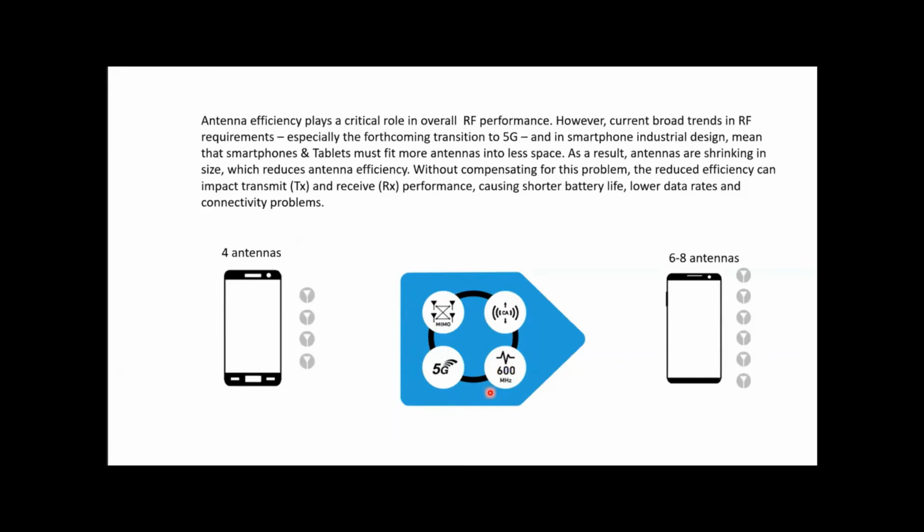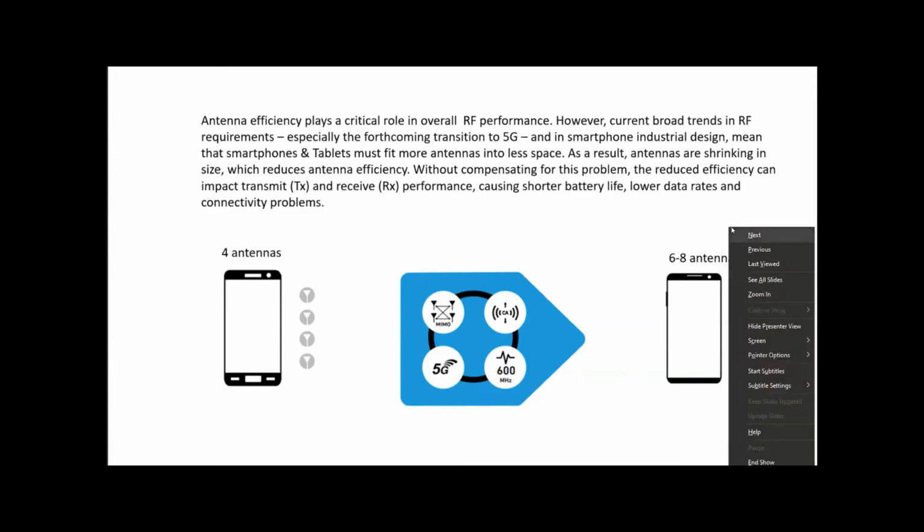And there's carrier aggregation, where you're adding bandwidth from different portions of the frequency spectrum to improve your throughput, and also MIMO. So now you've gone from 4 to maybe 6 to 8. I've actually seen 10 antenna implementations done, not particularly with us, but other companies. They're doing that, and that means that real estate is getting very, very tight. And how do you do all that? That's very difficult.